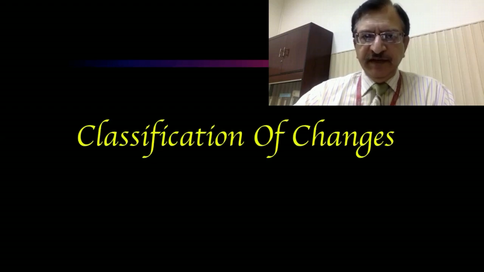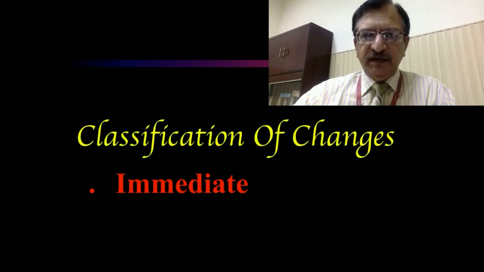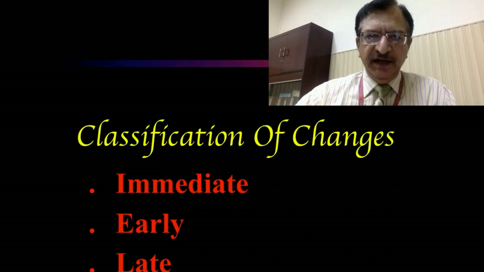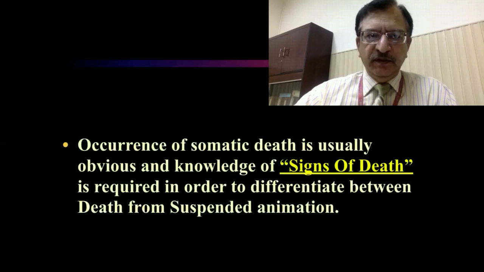So when we classify the changes which appear after death, they are immediate changes, early changes, and late changes. The immediate changes are basically the signs of death, and they appear at the time of somatic death, and the knowledge of the signs of death is required in order to differentiate between other conditions like suspended animation.